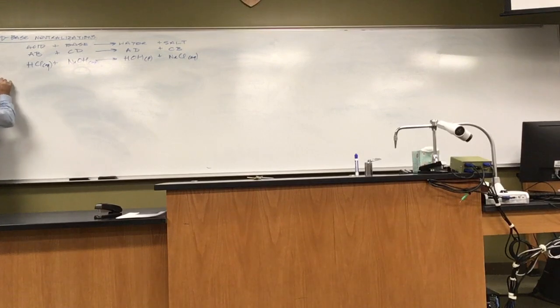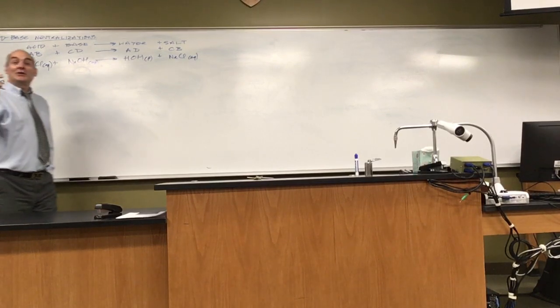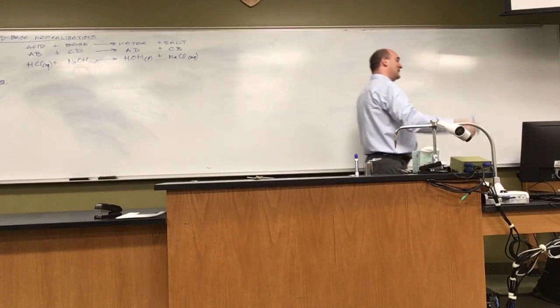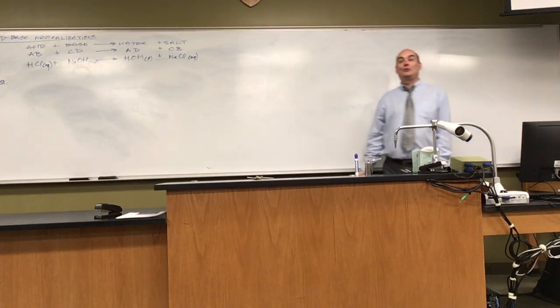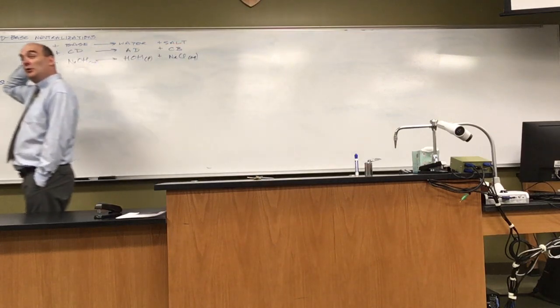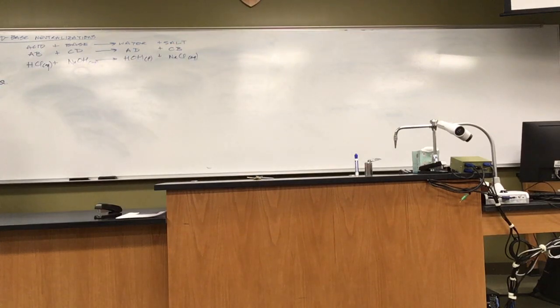All right, let's write a question that contains two of the mathematical principles that we've already seen. Acid plus base makes salt plus water. So we're going to do an M1V1 equals M2V2 because these, you don't normally make these solutions yourself.